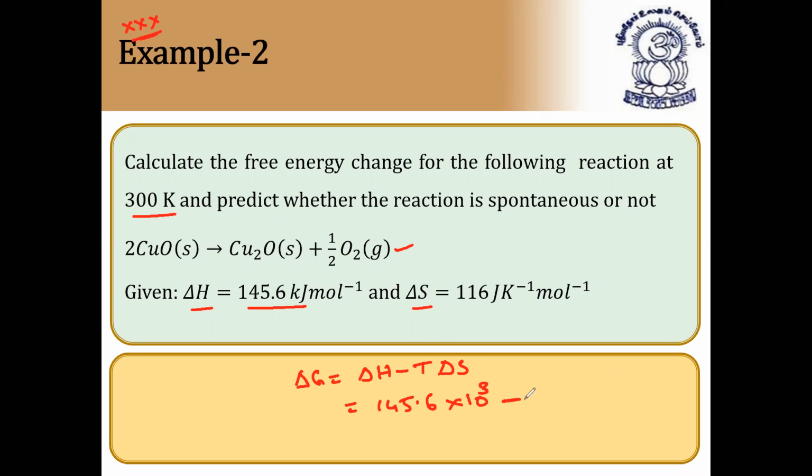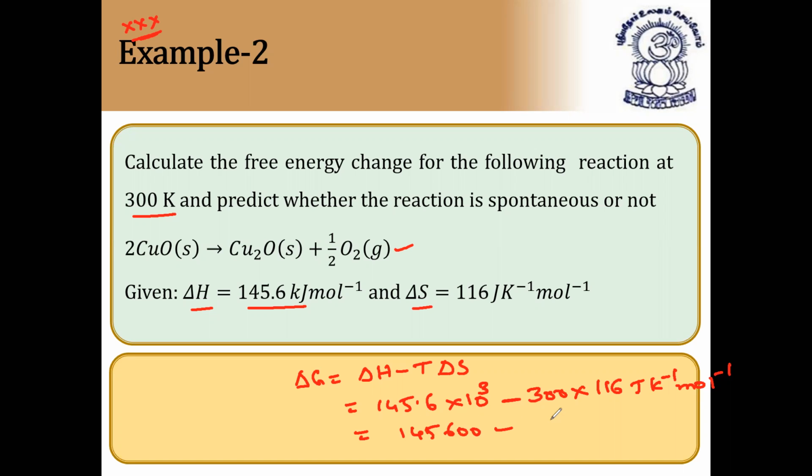Minus T. What is the value of T? 300 kelvins into 116 joules per Kelvin per mole. So substitute this: 145.6 into 10 to the power of 3, that is 145.6 into 1000, which is 145,600.